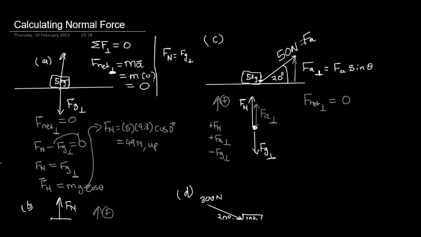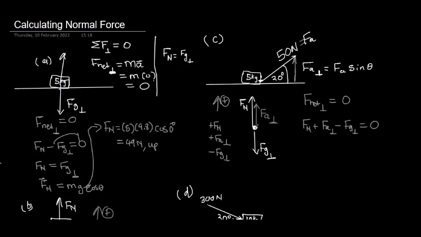So how do we represent that? We say F net is the sum of all those forces: normal force plus the perpendicular component of the force applied minus the perpendicular component of gravity, and all of it equals 0.